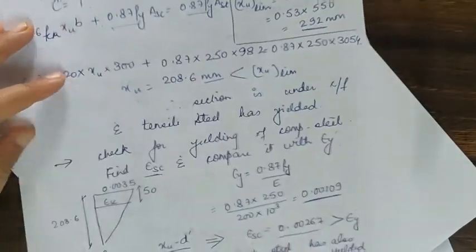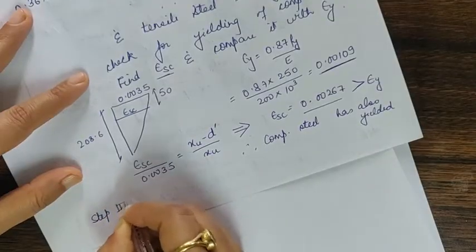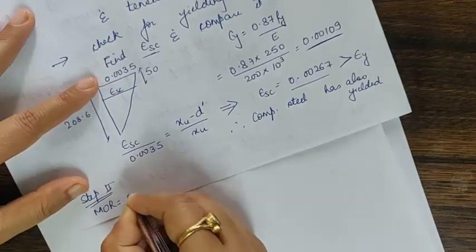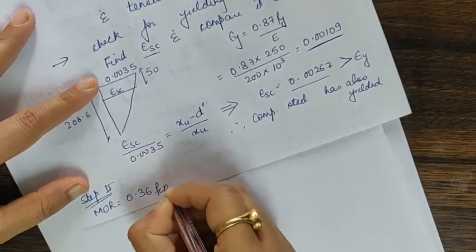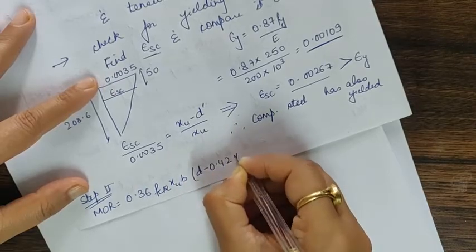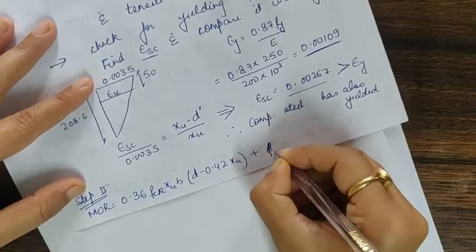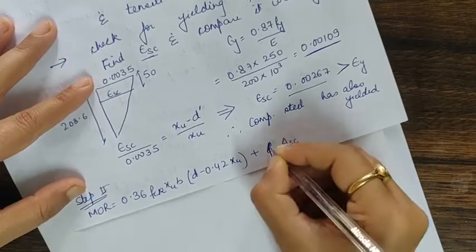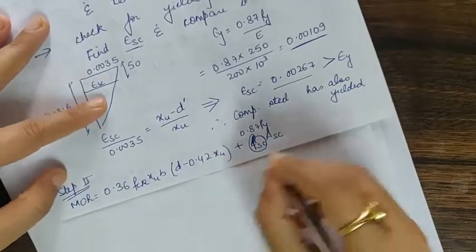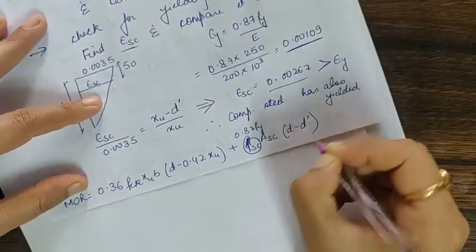So if the value is correct, my step 2 is simply calculate moment of resistance by using 0.36 FCK XU into B, D minus 0.42 XU plus FSC ASC, that is FSC is basically 0.87 Fy because it has yielded, into ASC into D minus D dash.